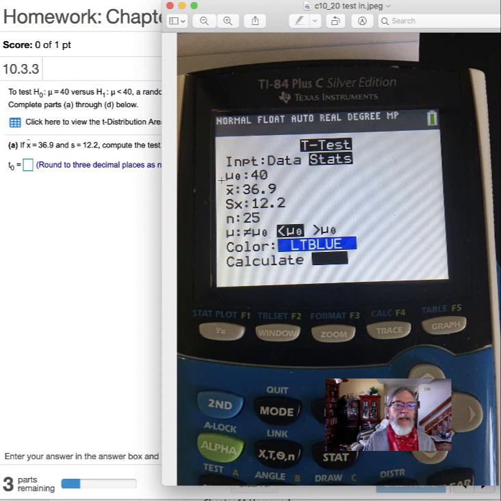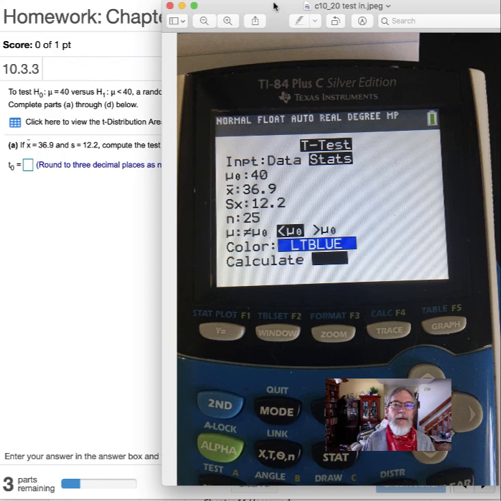Here we have mu sub 0, our hypothesized mean, 40. X bar, 36.9. Sx, the standard deviation of the variable X, 12.2. N is 25. And less than the null hypothesis, less than 40. Then we hit calculate.